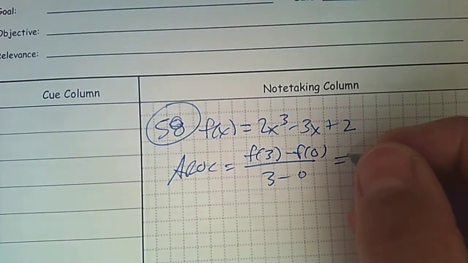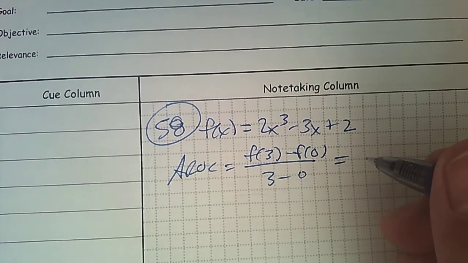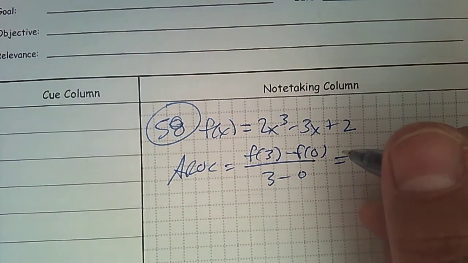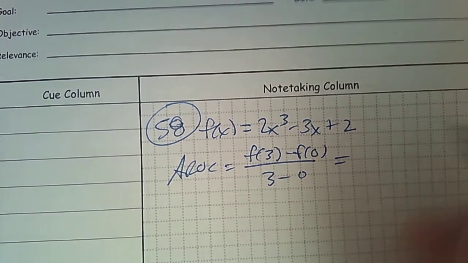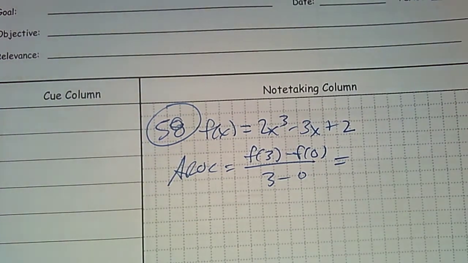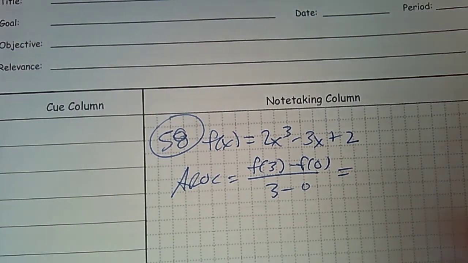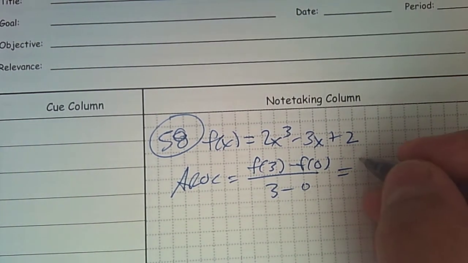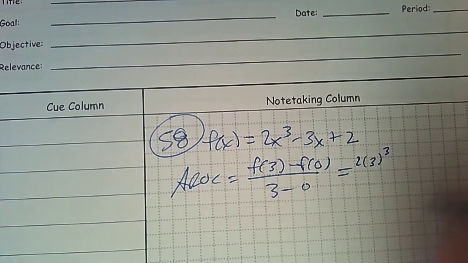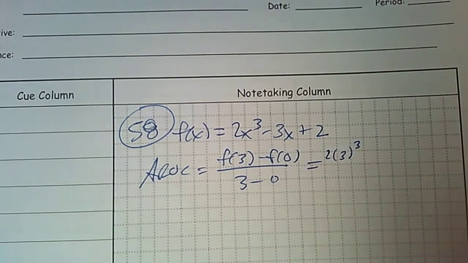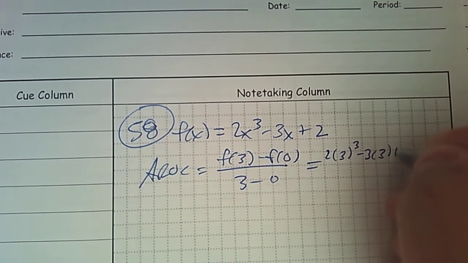So if I plug in 3 to the top, 3 cubed times 2, negative 3 times 3, plus 2, and then simplify it. I'll just write it out. 2 times 3 cubed minus 3 times 3 plus 2.